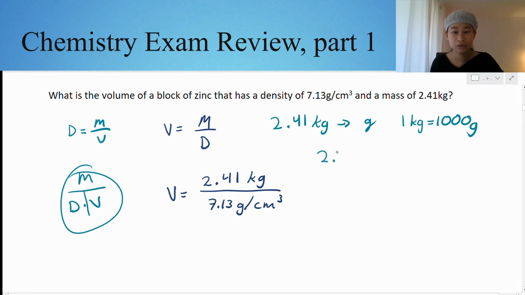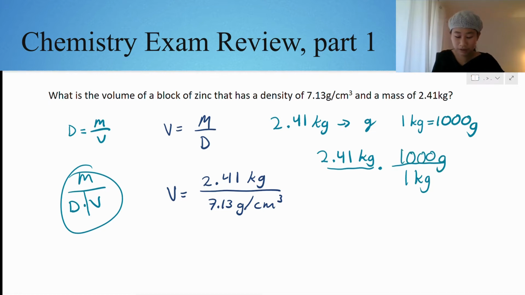Alright, so to cancel out kilograms, I'm going to multiply by a kilogram at the bottom and 1,000 grams on the top. So we have kilograms on the top and bottom, so kilograms cancel out and we are left with grams. This is going to give 2,410 grams.